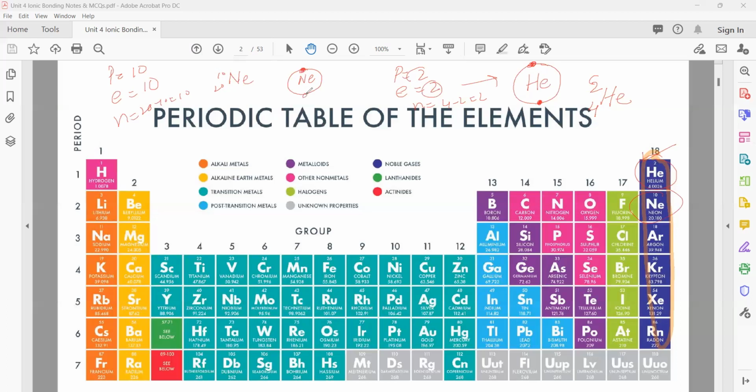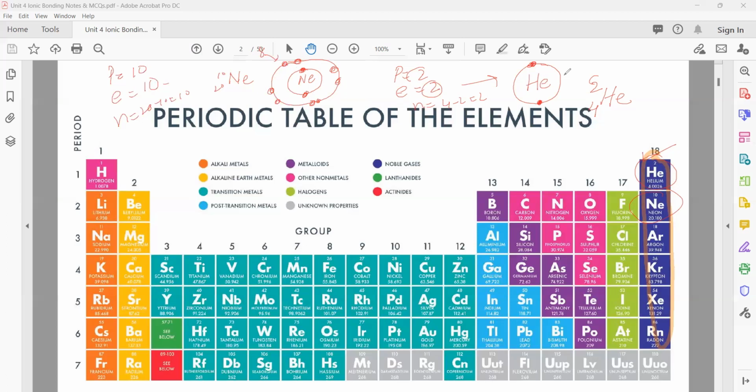I put 2. From 10, I put 2 here. How many are left? 8. The 8 will come in the second shell. So its second shell is also complete, because maximum 8 can come, and they have 8.